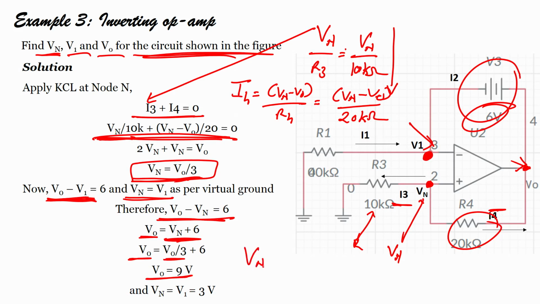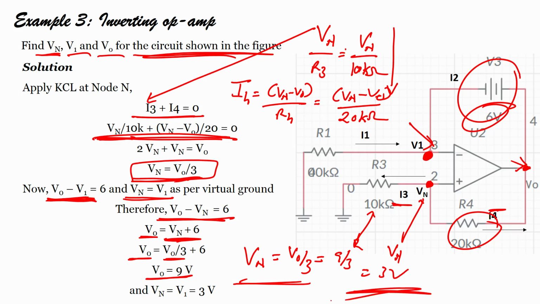Because Vn equals Vo by 3 equals 9 by 3, which is nothing but 3 volts.